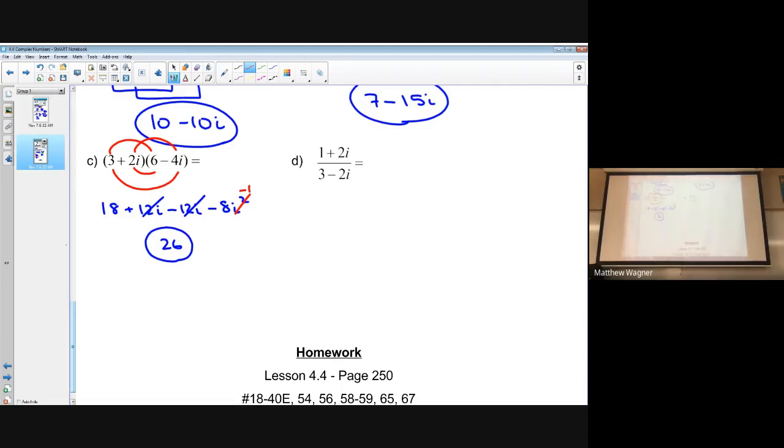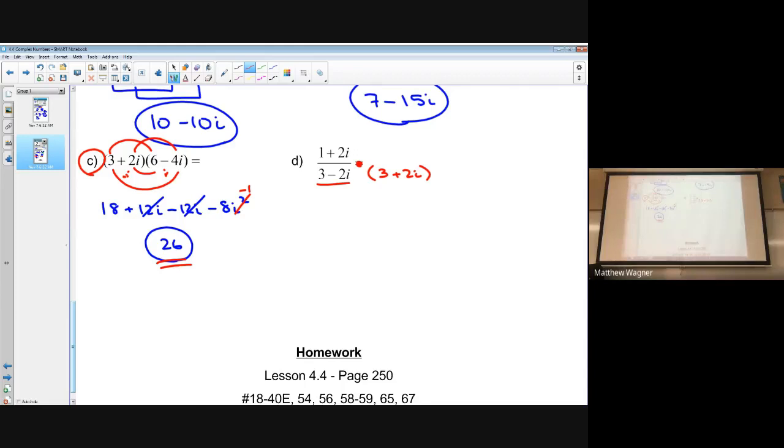Well, in fact, there is an operation that works. And just kind of like looking at C, if we multiply two numbers together, sometimes we're able to yield a real result, okay? When we're dividing by a complex number, the trick is to multiply by what's called its conjugate, okay?